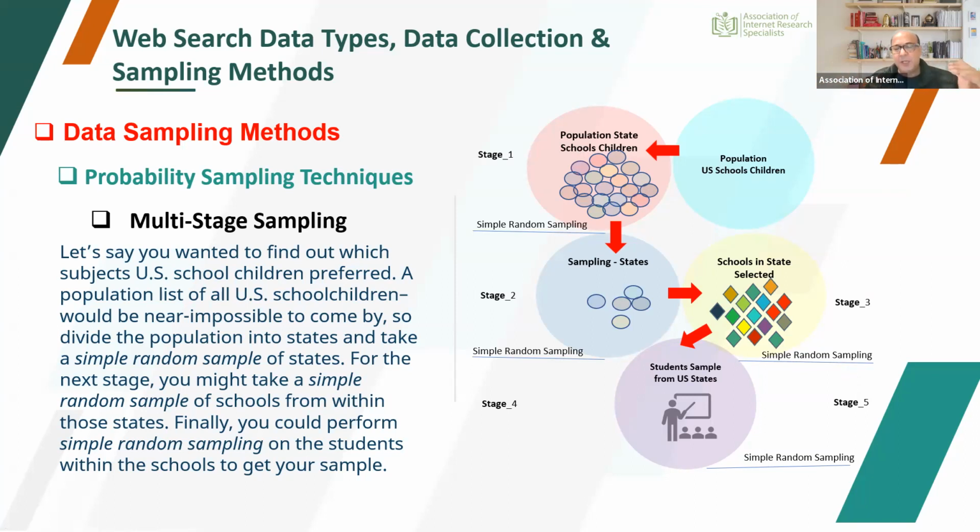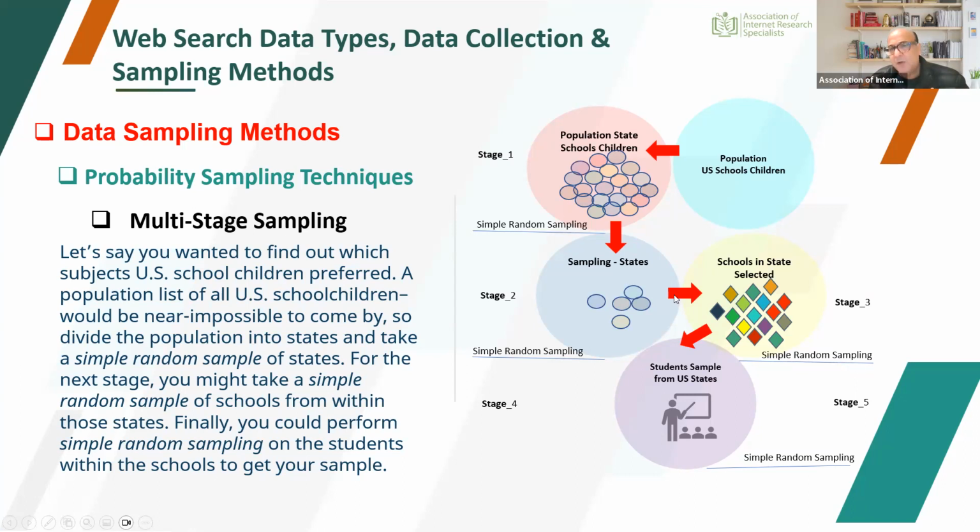So in the first stage, you separated them into different states. In the second stage, you are separating or selecting through another method of sampling. You will be selecting sample of states. Now here it is not the individual students or the subject is not human, but it is the state itself, and selecting the state is the second stage.